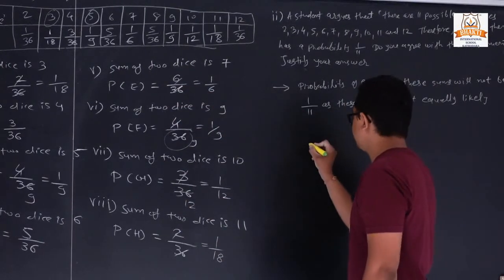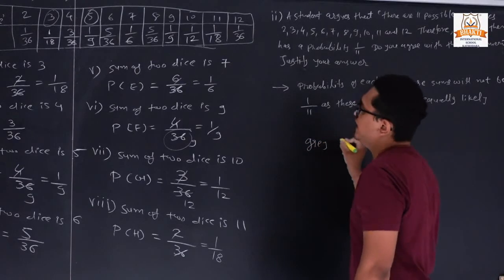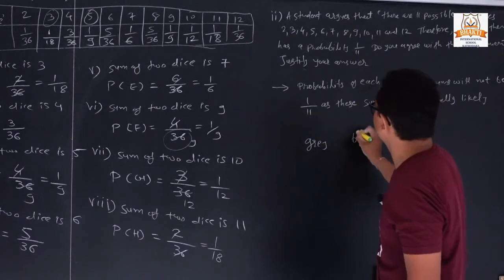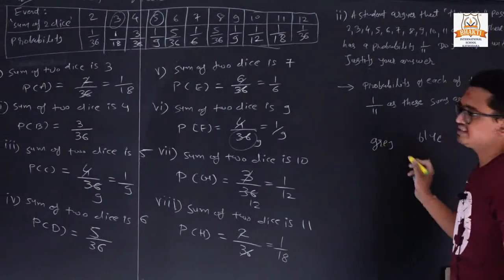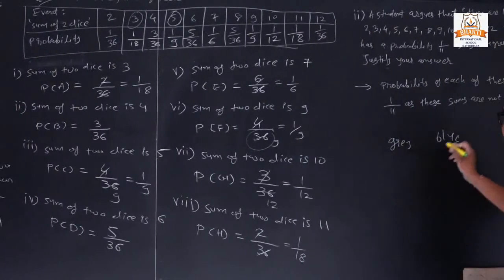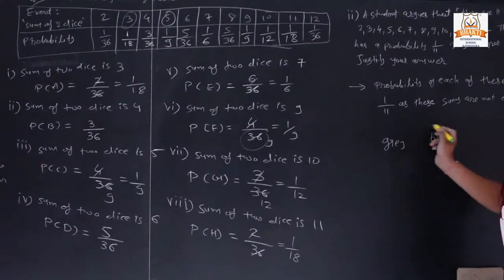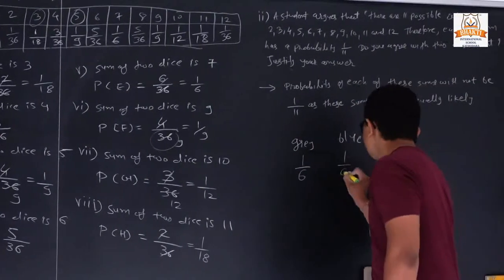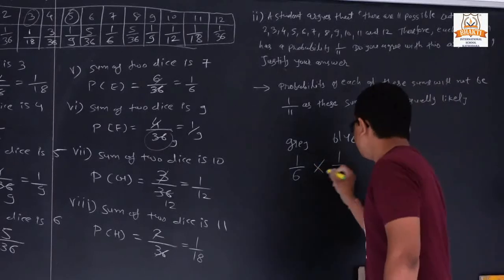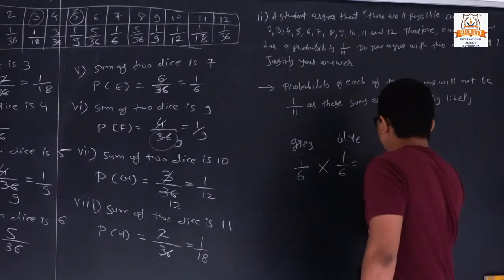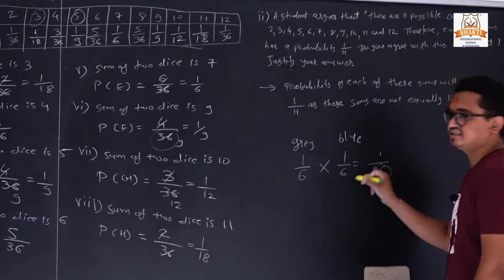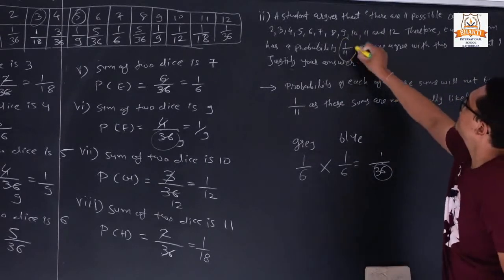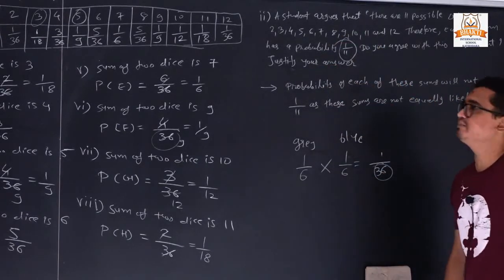For the first grey and second blue, we have 6 outcomes for the first and 6 outcomes for the second. So we have 1 by 6 probability for grey and 1 by 6 probability for blue. If we multiply these both, the total possible outcomes are 36. So it is not 11. Clear? It is not 1 upon 11.